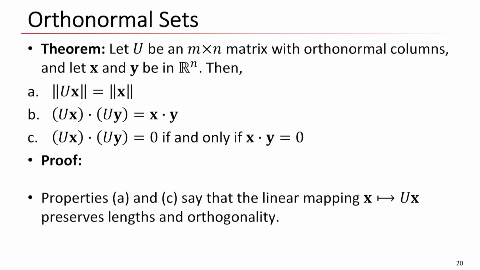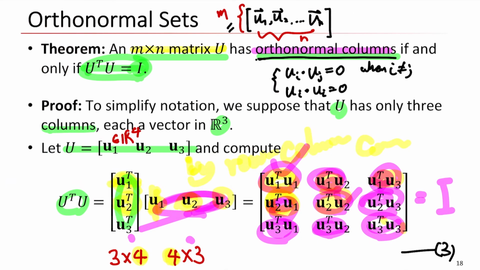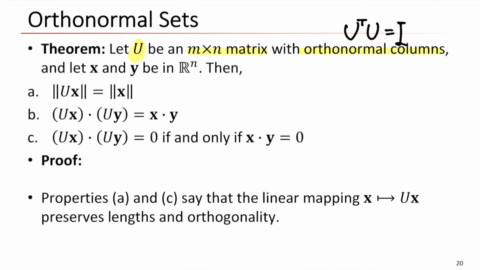Okay, so here's one more property of the matrix U with orthonormal columns. Let me say the matrix U is an m by n matrix with orthonormal columns. Then we already know U transpose U is equal to I, from this one, right?